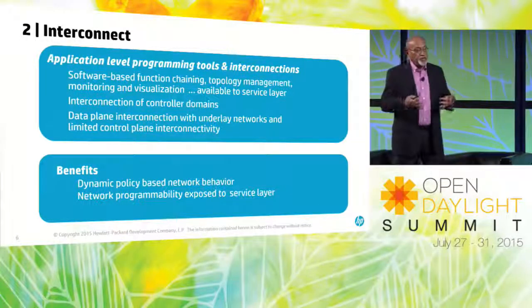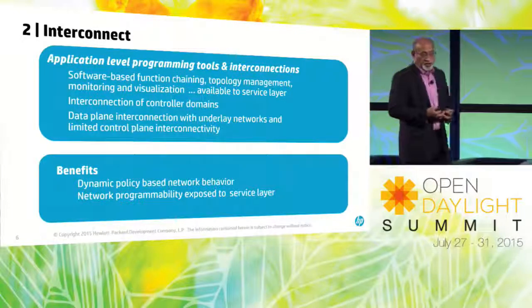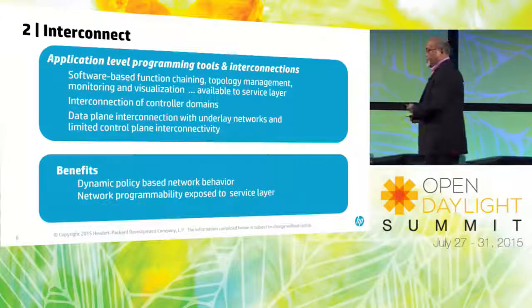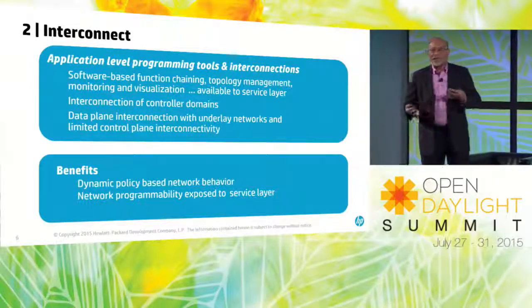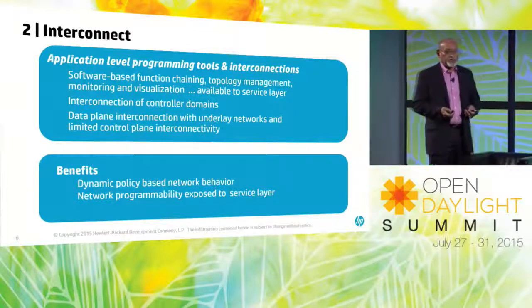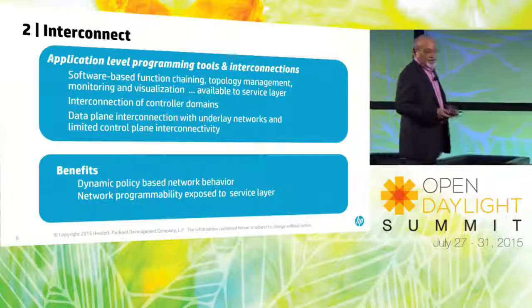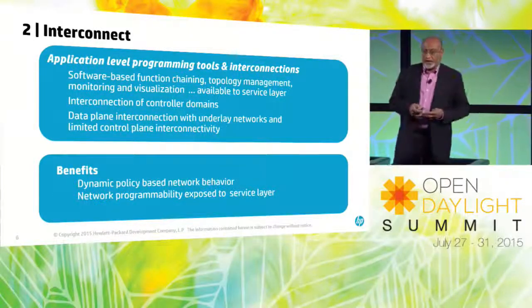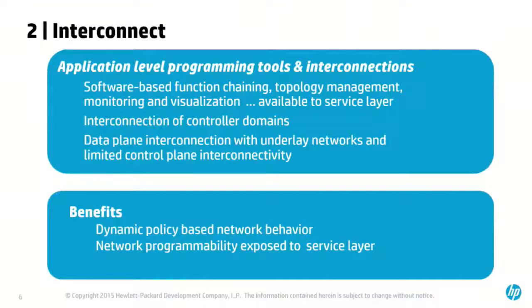And you start to interconnect controller domains, so you talk about federation of controllers. And you interconnect at the data plane layer the underlays and the overlay. At this stage, you might have some limited control plane capability between these. So this is where you start to get the benefits of network programmability. You start to get the benefits of using a policy-based control of the network.